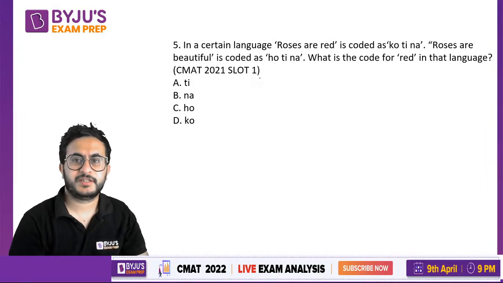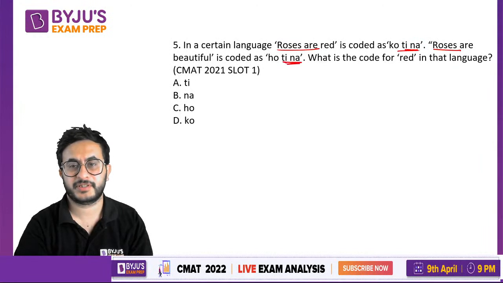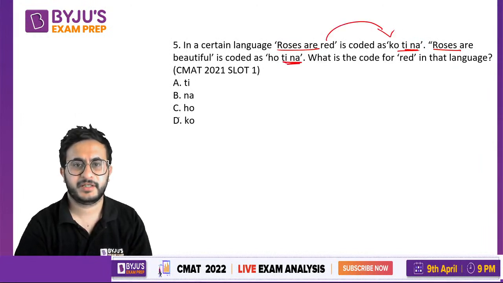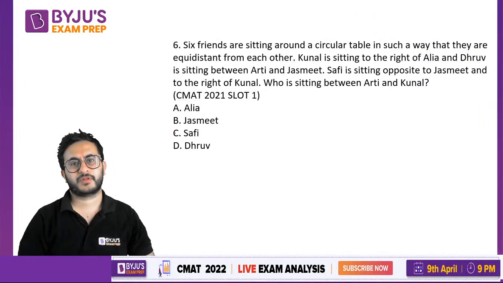So if you see this, roses are is common in both the sentences. Okay, and if you see N, A, and T, I, these are common things. Okay, so red will mean K, O.